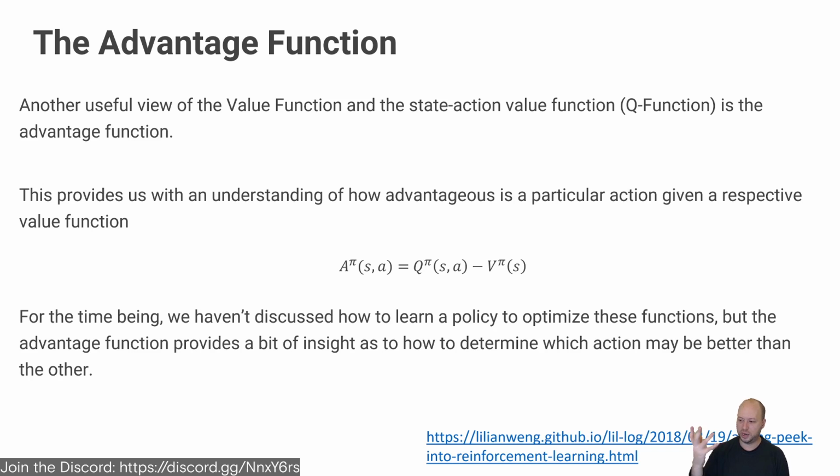That's one way to perhaps choose the next best action. But for the time being, we haven't discussed how we may learn a policy or how we may optimize these functions. We'll start talking about that in the next lecture when we get into Bellman equations and the Bellman backup. For now, this is really just about providing some insight as to how to determine what actions may be better, how to evaluate states, how to evaluate policies, and how to think about the way we would make or evaluate decisions inside of an MDP context.